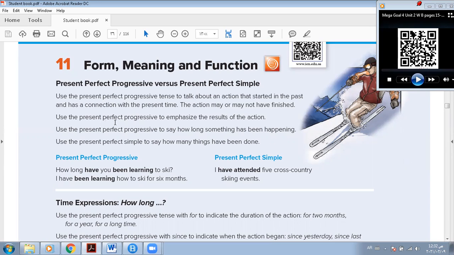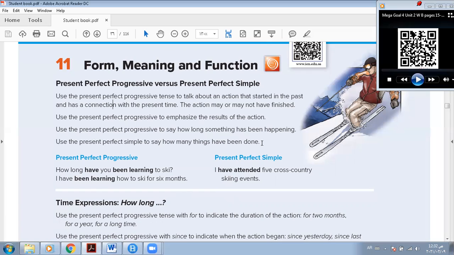Use the present perfect progressive to emphasize the results of the action. And we use the present perfect progressive to say how long something has been happening. But we use the present perfect simple to say how many things have been done, as I told you when I explained the lesson.